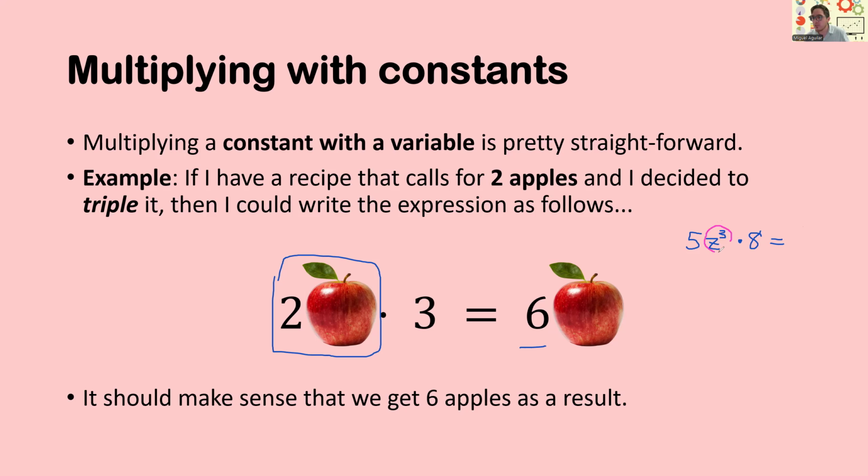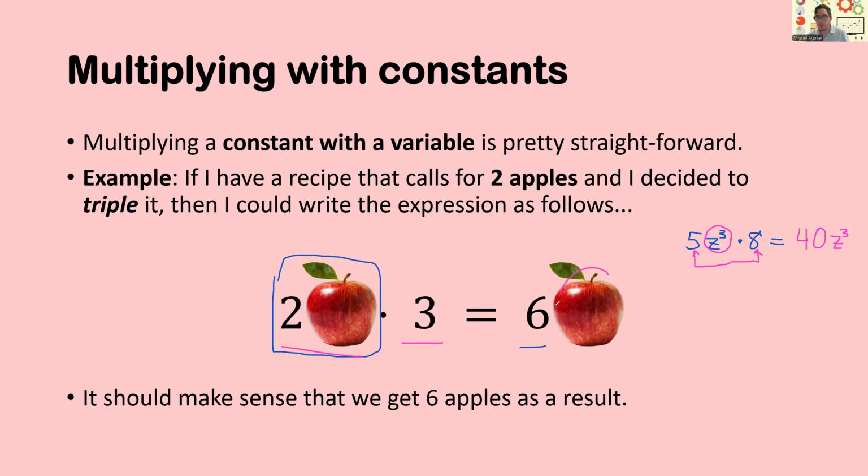So think about this z cubed as like your apples. All I really care about is multiplying that coefficient by this constant 8. So 5 times 8 is 40. And then I'm just going to keep that variable, which happens to be z to the third power, or z cubed. And that's it. That's the same thing that we did here with the apples, with the 2 times 3.